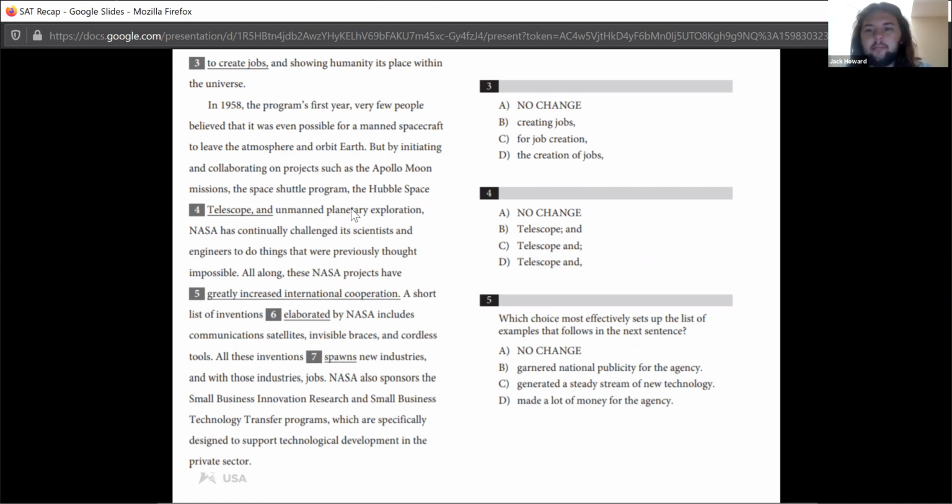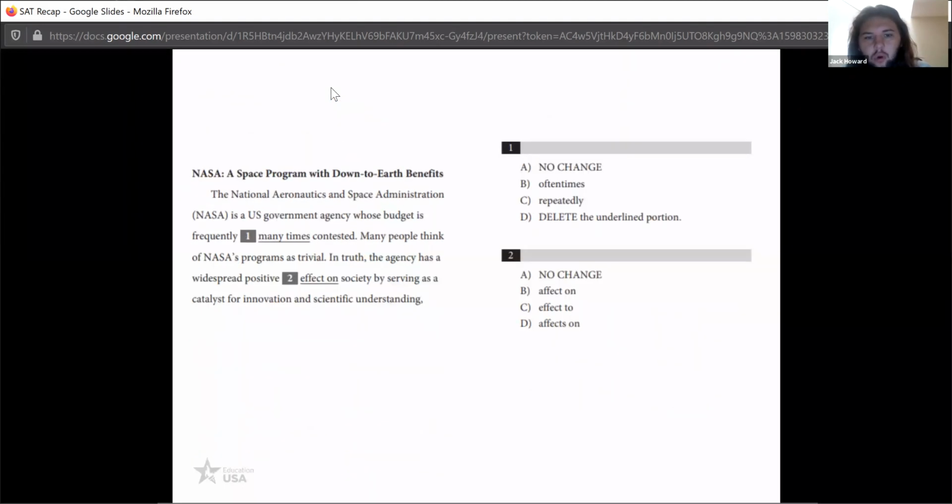They aren't actually physical items. The form they take is an ing gerund form. So you want creating jobs. You want the item in the list to grammatically match the other two items in the list. And since you can't change those other two, you can't change showing humanity its place within the universe or serving as a catalyst, you have to change the one in the middle to an ing form.